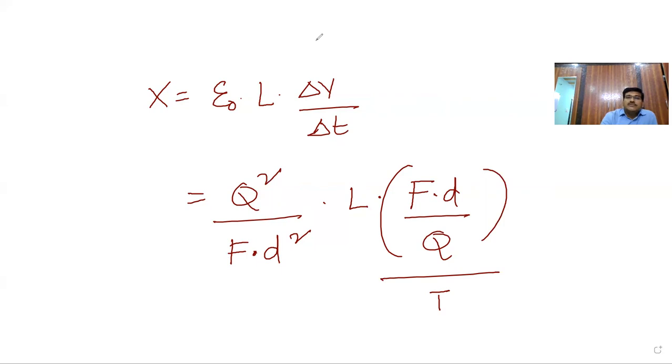On simplification, observe, F goes, one of the D goes, one of the Q goes.